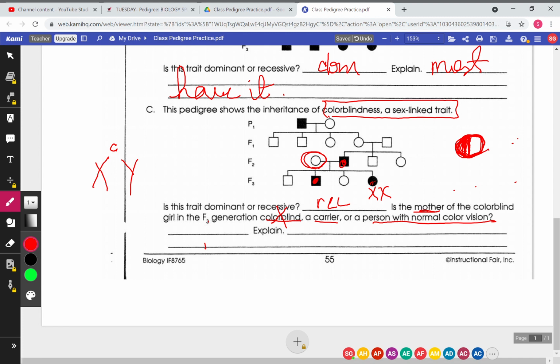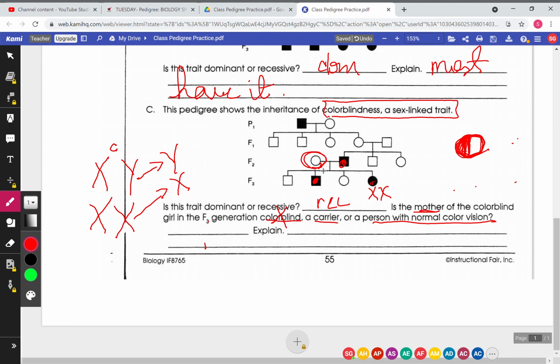What we do know is that a girl is XX, and his mom was either normal or carrier. Well, let's look at it. If mom were to have a baby, she would donate an X to that baby. If dad were to have a baby and it would be a boy, he donates a Y to that baby.